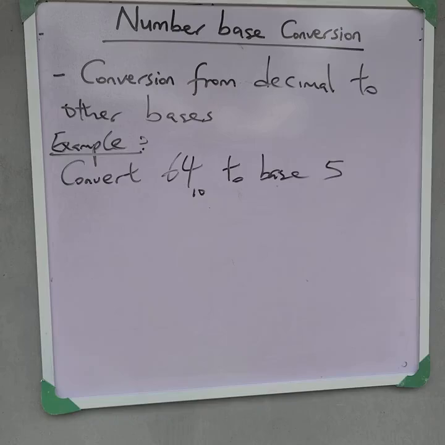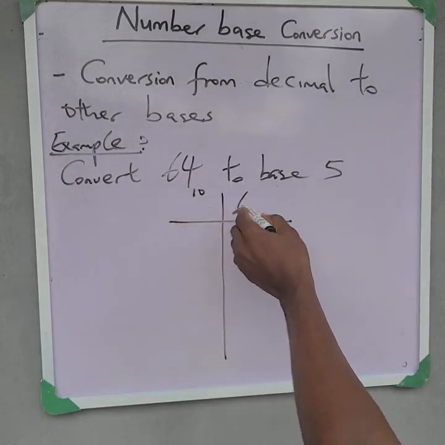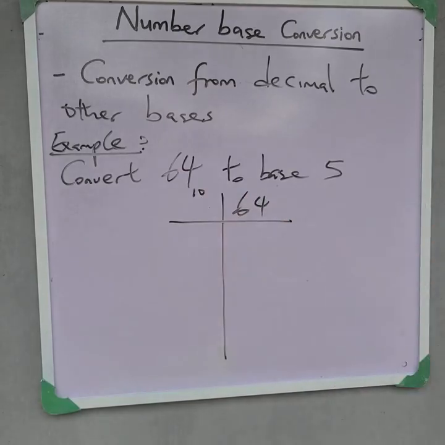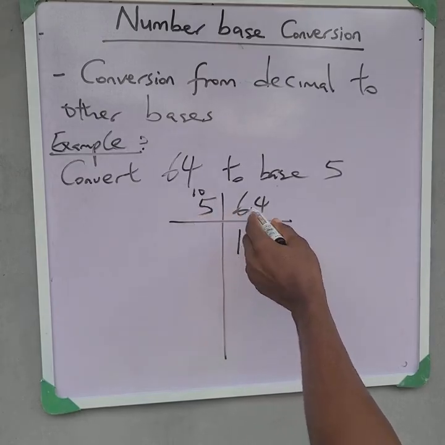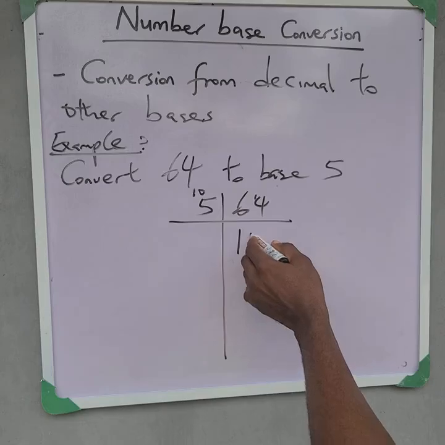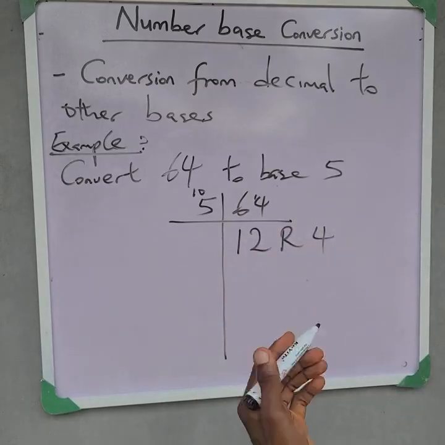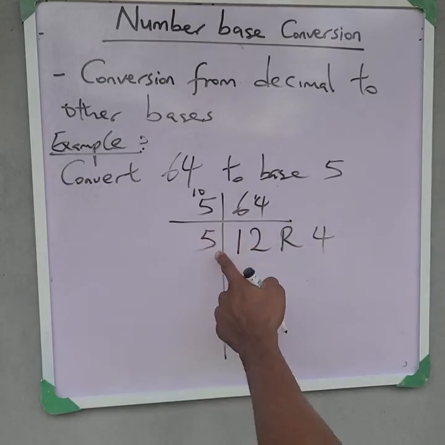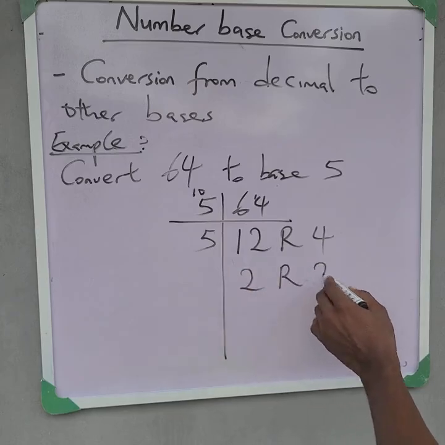To do this, you use the same approach. 64: since you are converting to base 5, you keep dividing with 5. 5 into 6, you have 1, remainder 1. 5 into 14 is 2, remainder 4. You go again, 5 into 12 is 2, remainder 2.